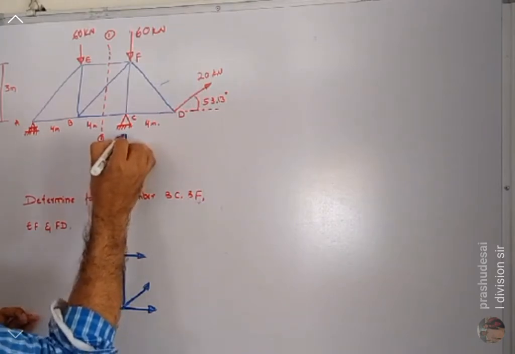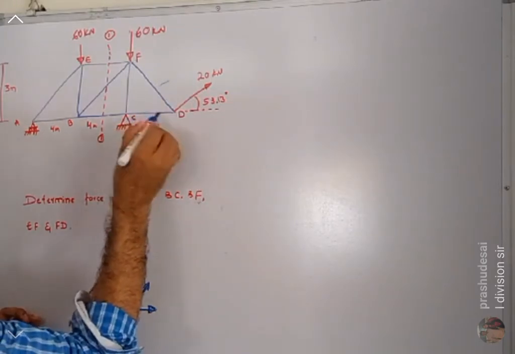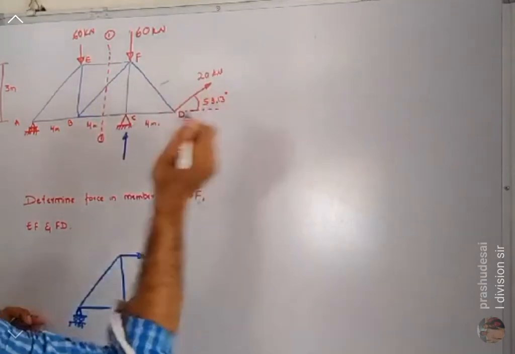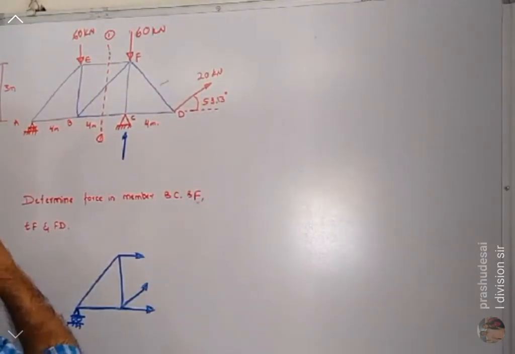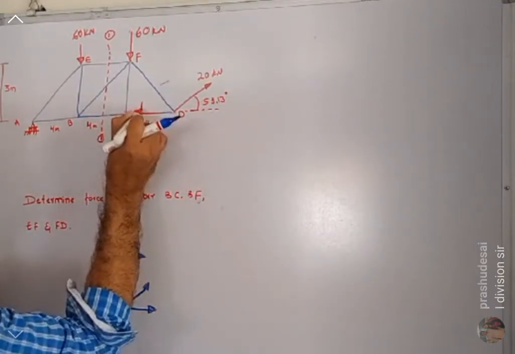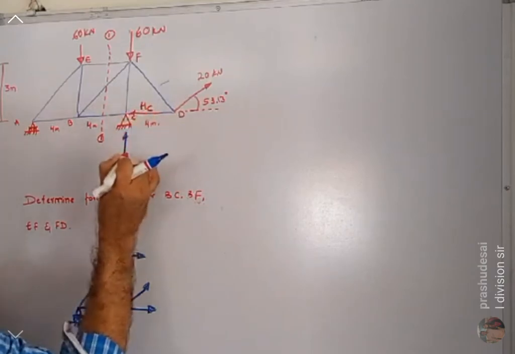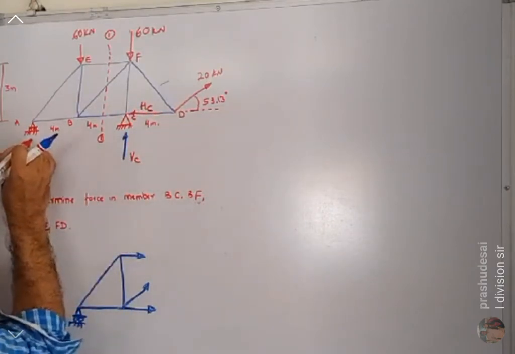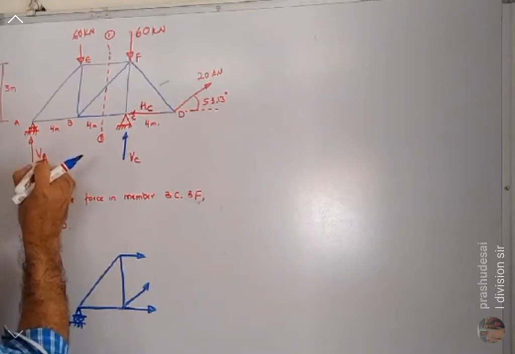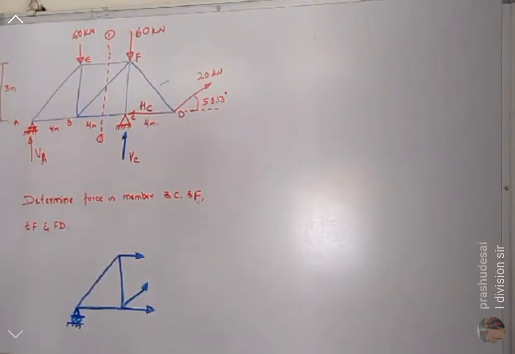So this is one support reaction here, okay, and there will be one horizontal support reaction here. This is pulling in this direction, so there will be one in this direction. I'll take the horizontal support reaction as HC, vertical at C as VC, and let me take vertical at A as VA. So first find out these support reactions and tell me how much you get.